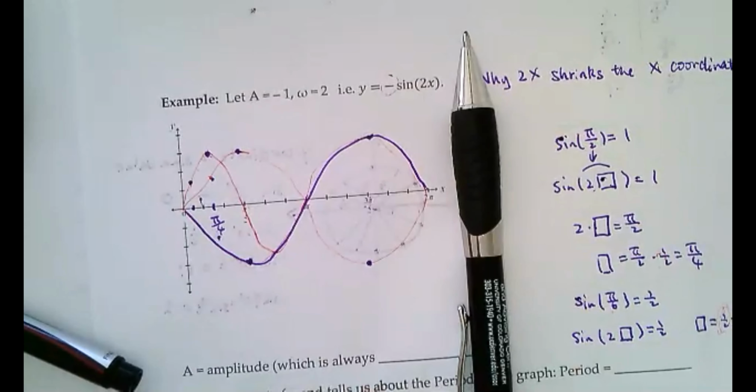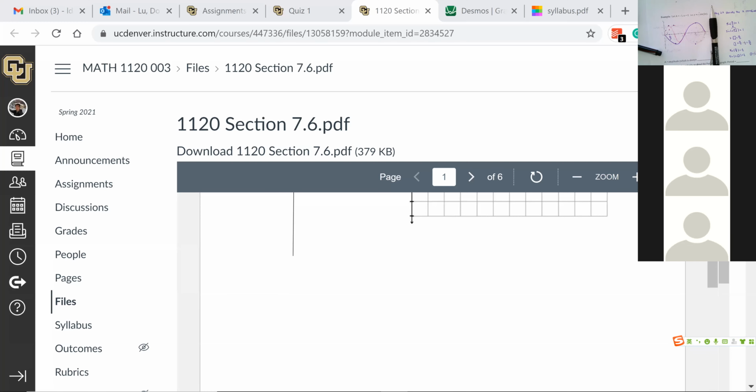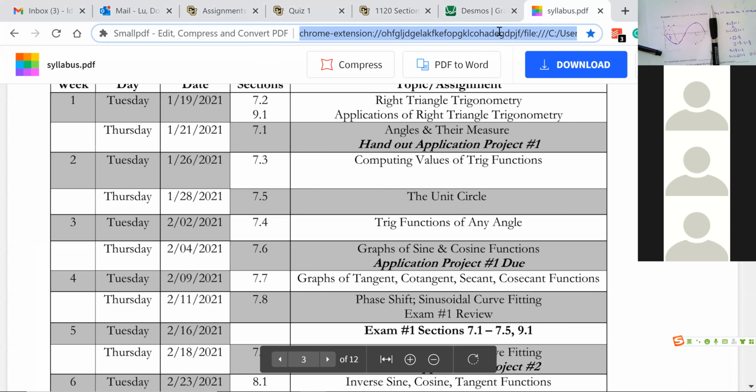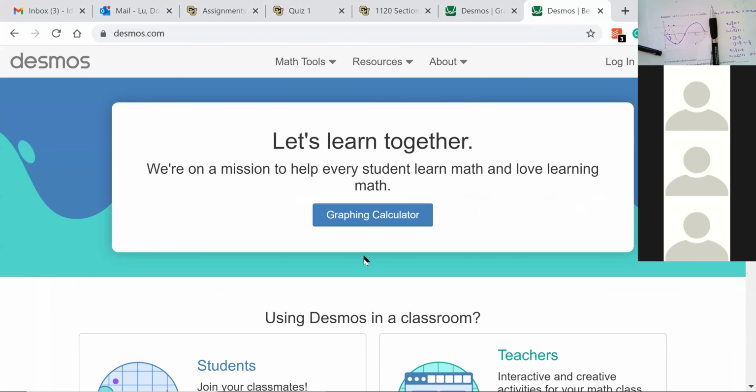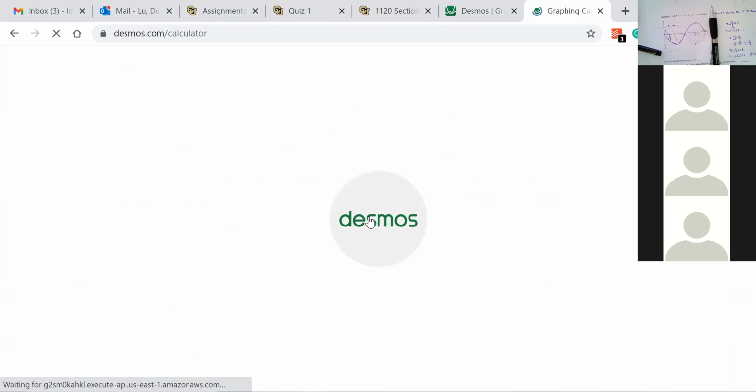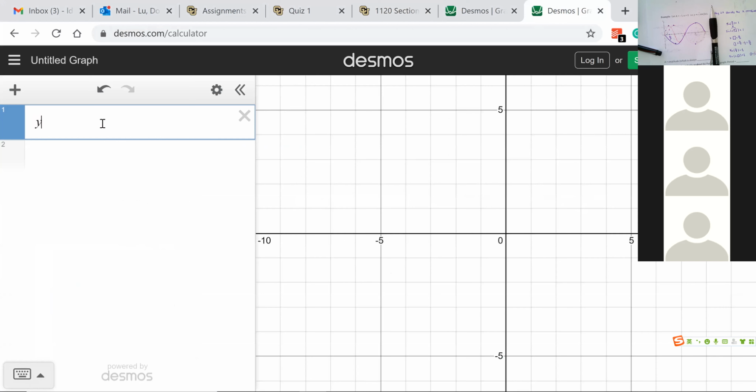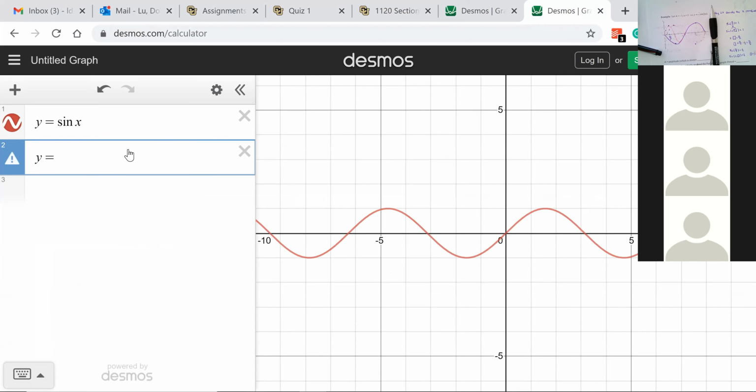Let me show you on Desmos why this is true. y equals sine x. y equals negative sine x. Originally you have this red line.